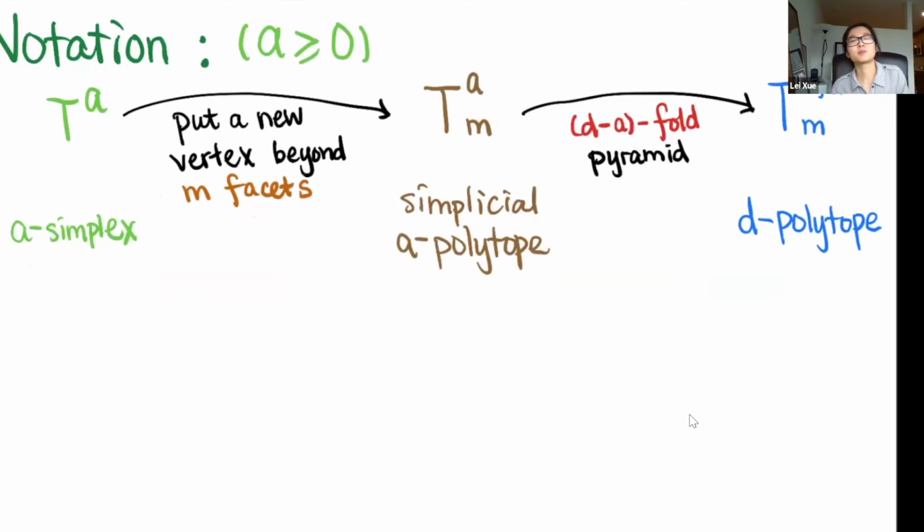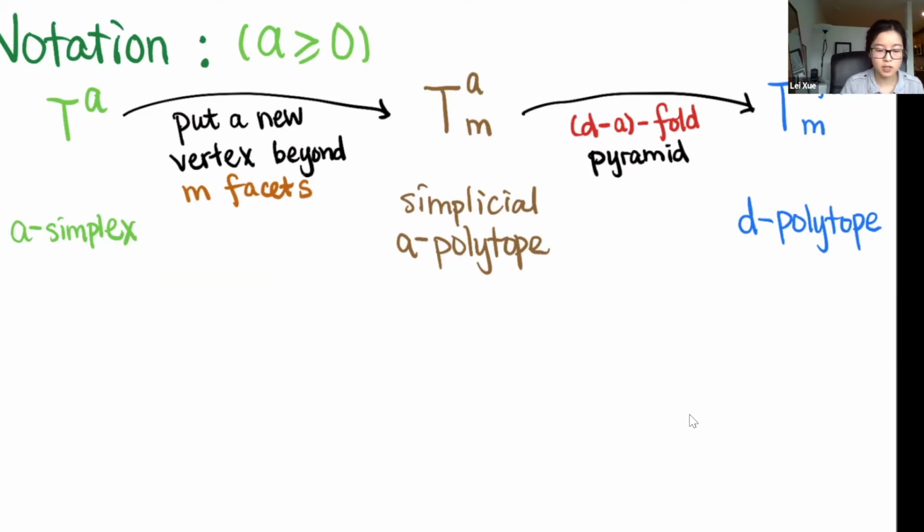Now let's briefly go over Grünbaum's notation and his construction. We start from a simplex. We put a new vertex beyond exactly n facets of that simplex. Try to rotate in the space, so make sure that the new vertex can see exactly n facets of that simplex. And then you'll get a simplicial polytope of the same dimension.